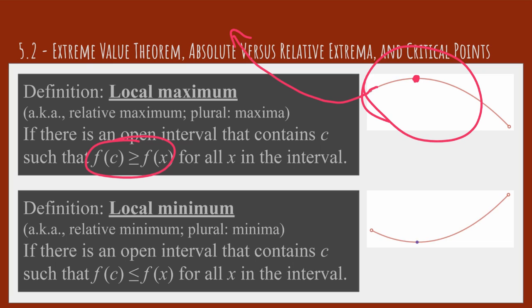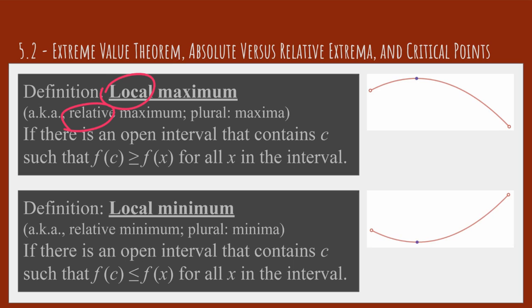That's going to be a local maximum, or like we had with global and absolute, we're going to interchangeably use local and relative. Traditionally, local and global are used together. Absolute and relative are used together. But just make sure you know what both of those mean. And then the definition for local minimum is the same, but just flipped.